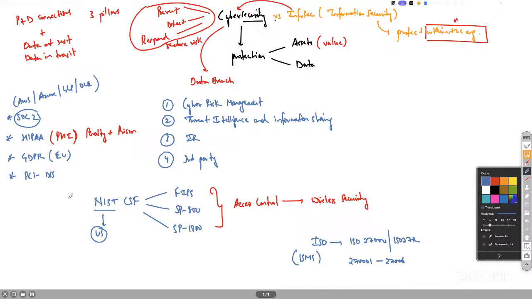So payment card industry data security standard, that's what it really stands for. And it is a set of security standards designed to protect the cardholder's data. Anytime you're dealing with any business, any e-commerce, any retail business, for example, and you have to provide your card information or any sort of payment details, there have to be some security standards implemented by that business to protect that card data.